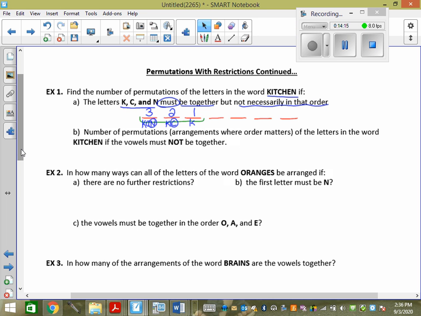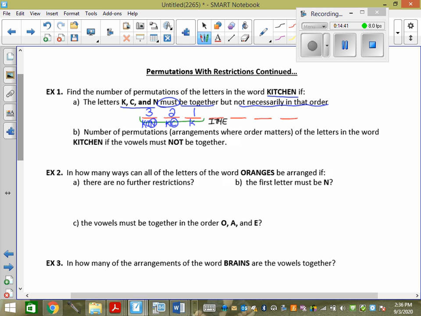How many letters do I have left for the back 4? I have 4. I have I, T, what else? I have H and E. That looks messy.